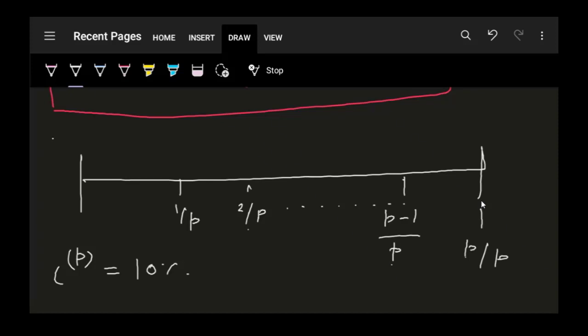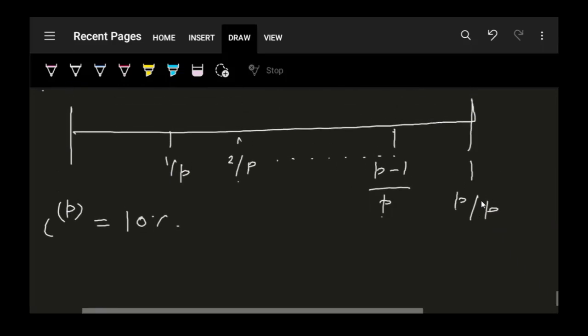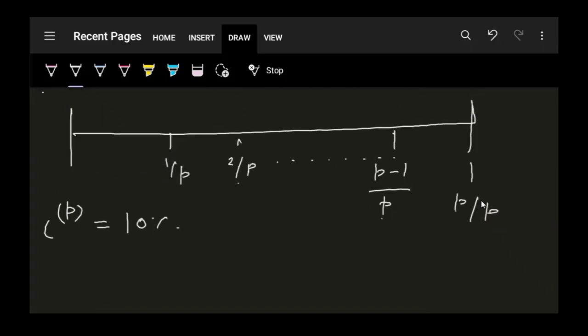This is a general timeline, just to make sure you have understood the concept. So i^(p) is my nominal rate for the whole year. I can calculate the effective rate for this duration.